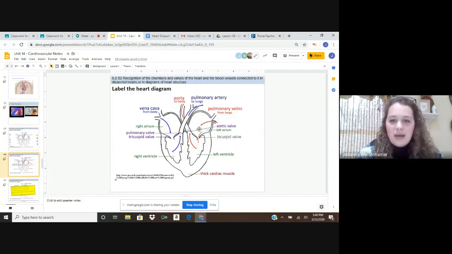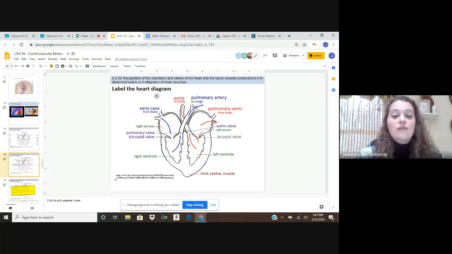We're then going to pass the bicuspid valve. That is the valve that separates the left atrium from the left ventricle. Once we pass that valve, we're going to enter into the left ventricle. And from there, we're going to be pumped through the aortic valve here. So we're going to hit that. We're going to be pumped out through the aorta and to the rest of the body.